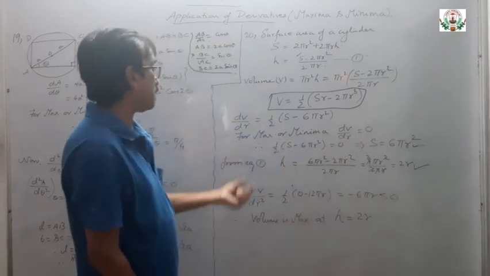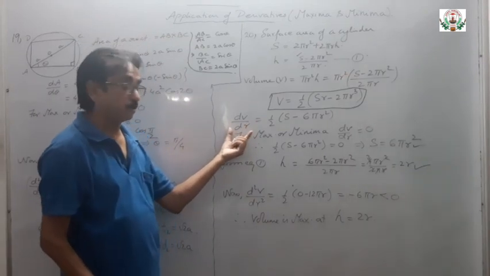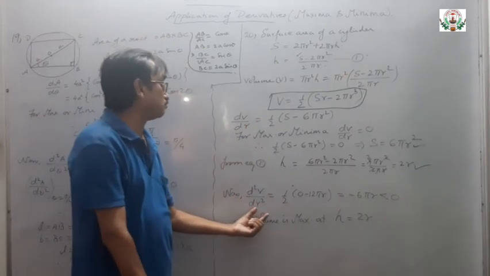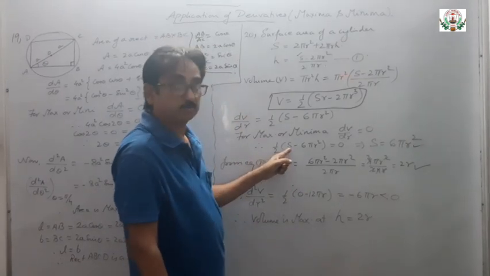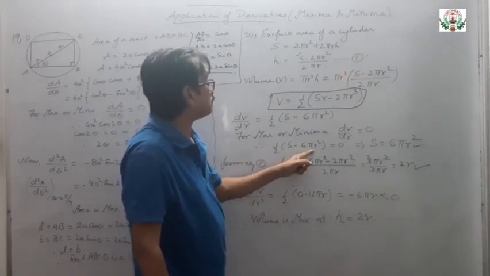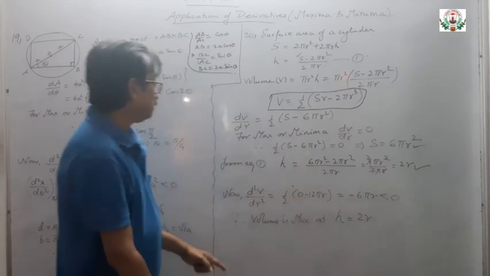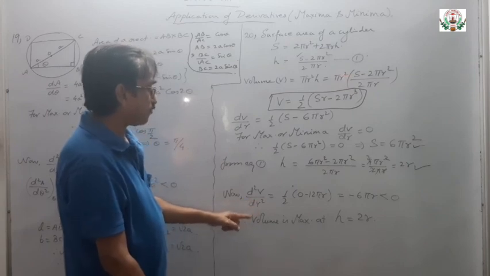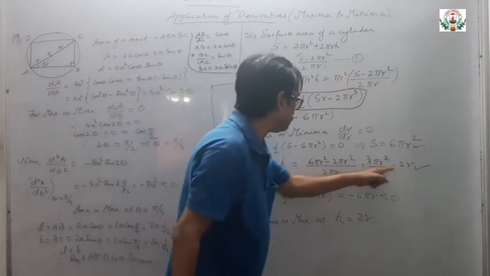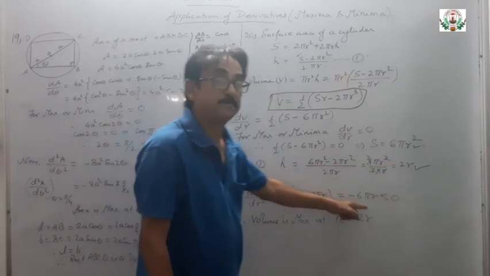So for that I have to find out the second order derivative now. d square V upon dr square will be equal to 1 by 2, S becomes constant so 0, minus 12 pi r. So d square V upon dr square at the value r equals h by 2 will be negative only.